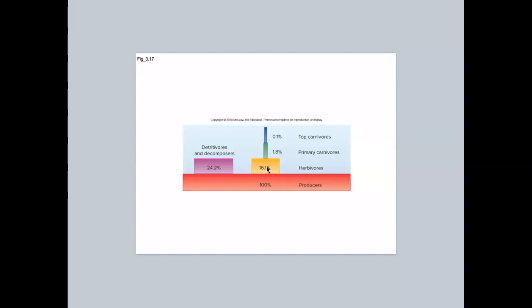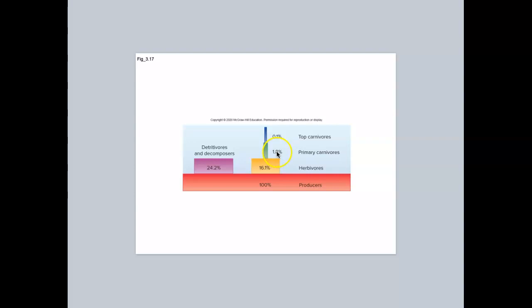If a 10-pound herbivore is then fed on by a primary carnivore, only 10% of that goes forward, and so that primary carnivore would only gain one pound of the material.